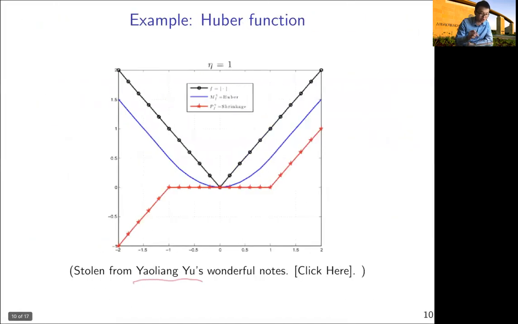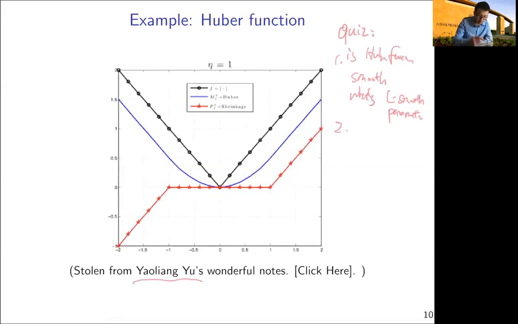Yeah, so this is a quiz question for the Huber function. Is the Huber function smooth? What's the smoothness parameter? It's the L smooth parameter.